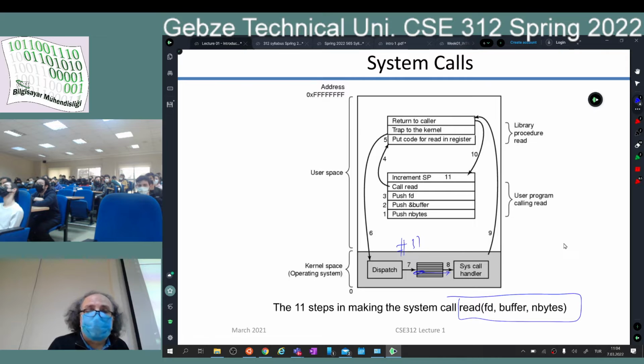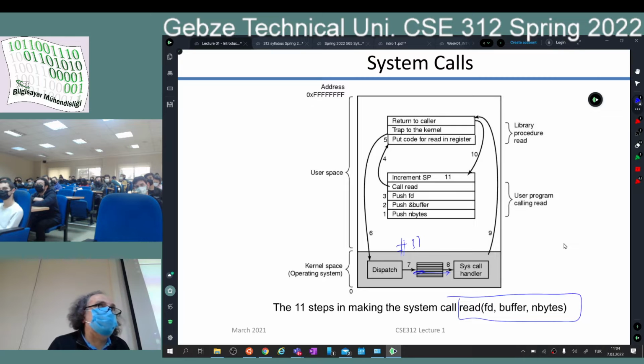After every interrupt, whether it's a software interrupt or a hardware interrupt, the operating system has control of the CPU. And interrupts happen a lot. If nothing else happens, there is at least a timer interrupt. It happens maybe 40, 50 times a second.